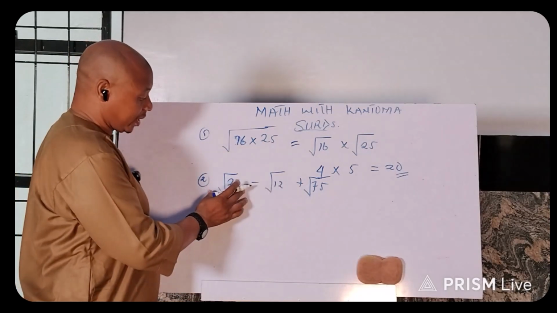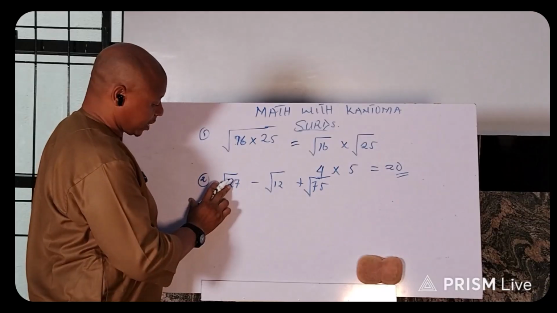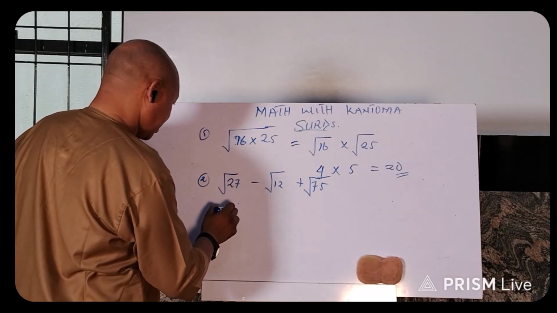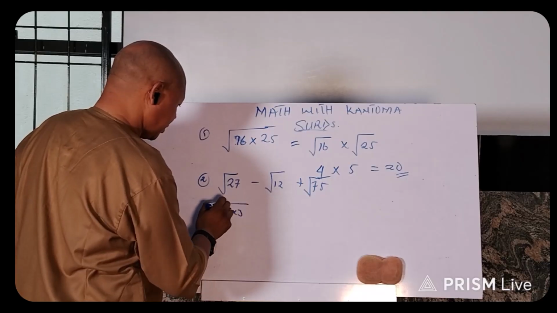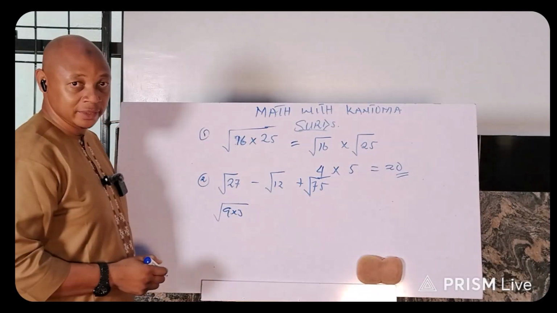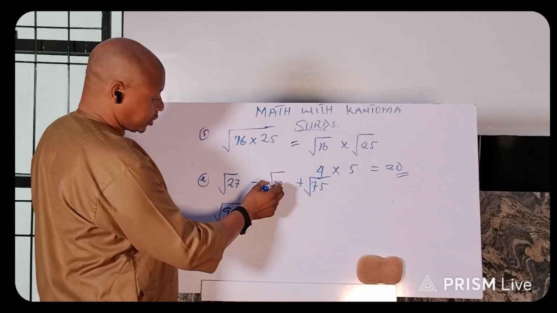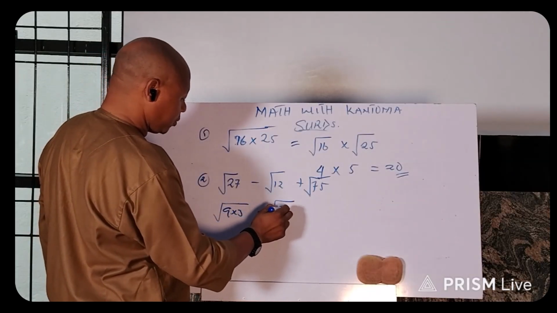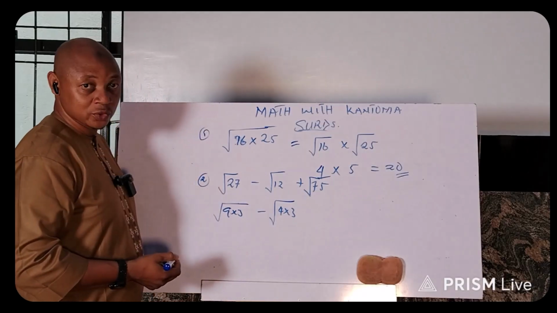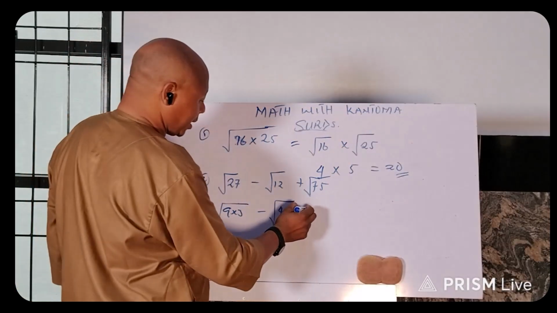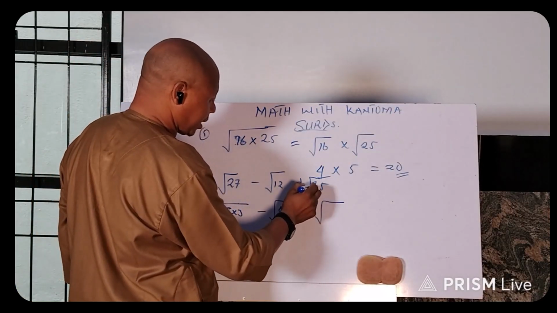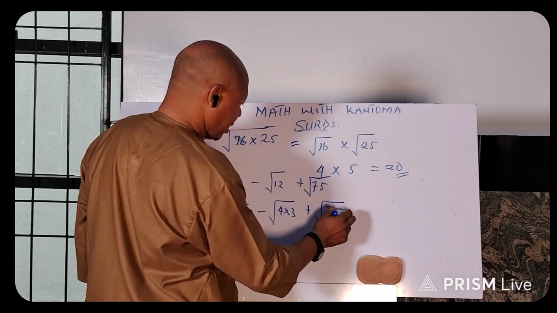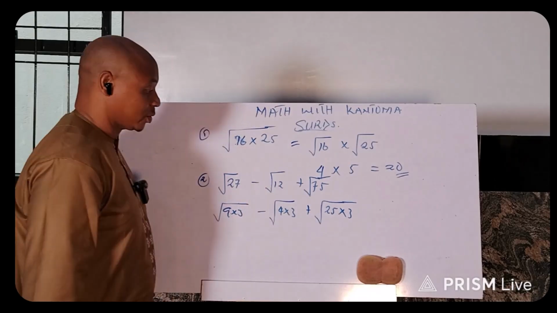So to simplify this, instead of writing 27, I can say this is the same thing as 9 times 3. 9 times 3 is 27, right? Then minus, instead of writing 12, I can say this is also square root of 4 times 3. 4 times 3 is also 12. Then plus, instead of writing 75, I can split this. I see 25 times 3. 25 times 3 is also 75.